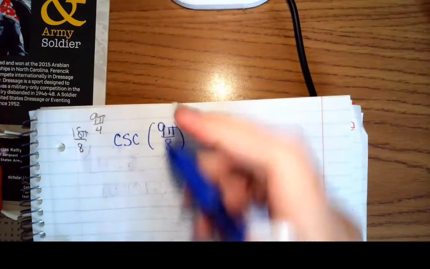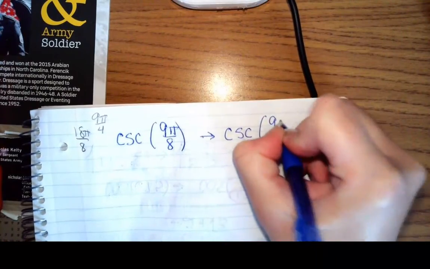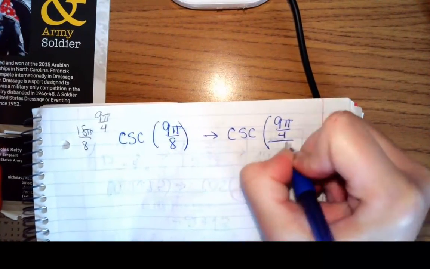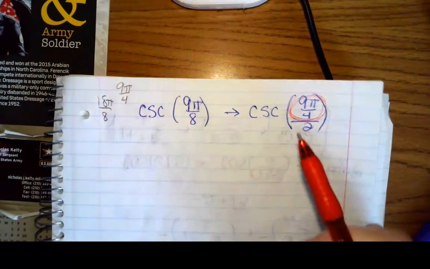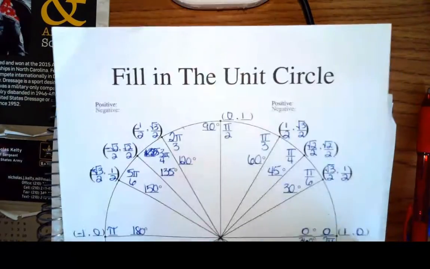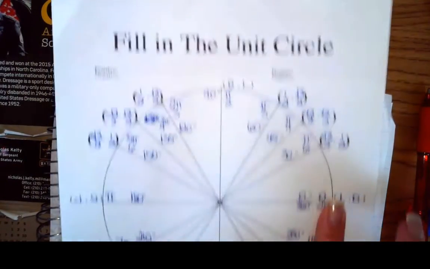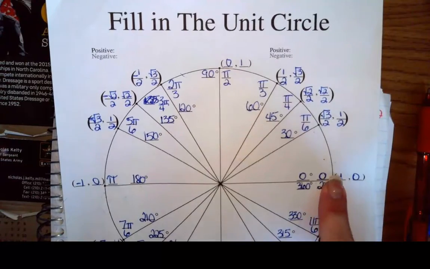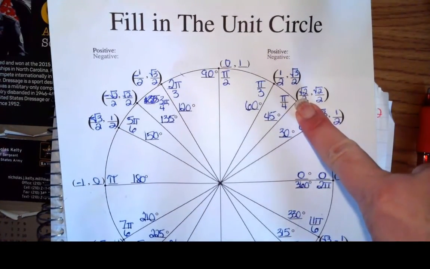Okay, so I've got the cosecant of 9 pi over 4 over 2. So this is my theta, but now I'm outside of a lap of the unit circle. So recognizing that going from here to here is 8 pi over 4, this is coterminal with pi over 4.